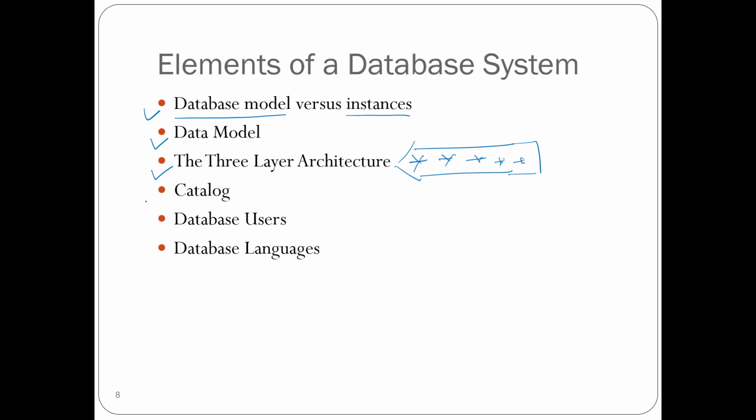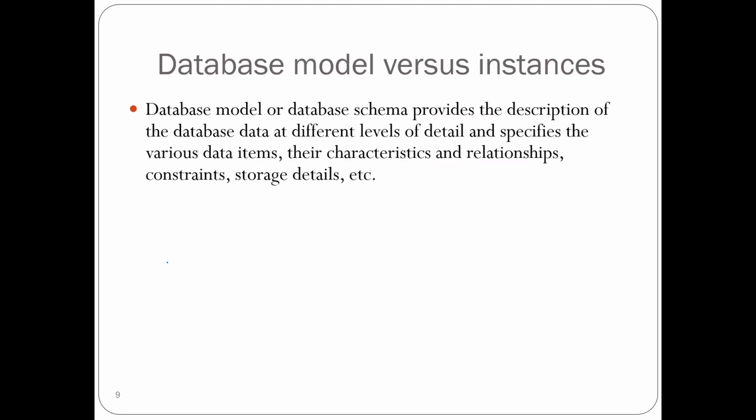Similarly, the catalog is also a very important concept. We will look at the different kinds of database users, and we'll look at database languages. So let's see what we have first. In the previous slide, if you remember, our first thing was the database model. So let's see what the database model is.